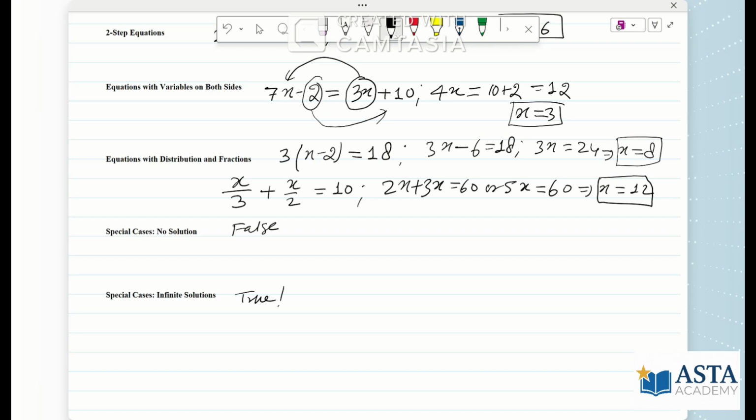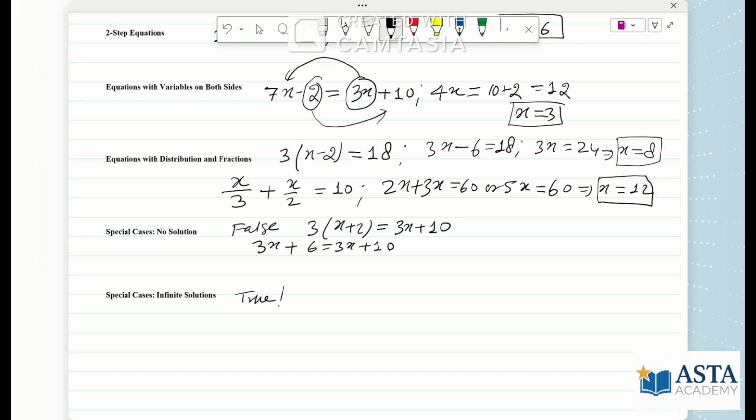Now let us take an example of no solution. You are given this equation: 3 times x plus 2 is equal to 3x plus 10. Solve for x. Well, you need to distribute 3 on the left hand side first, which will give you 3x plus 6 is equal to 3x plus 10.